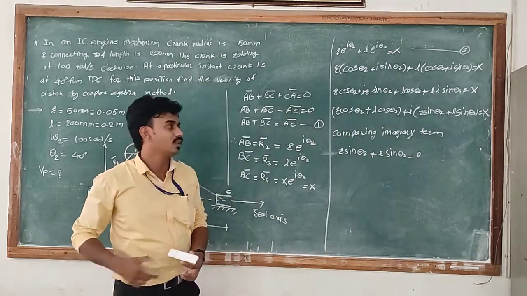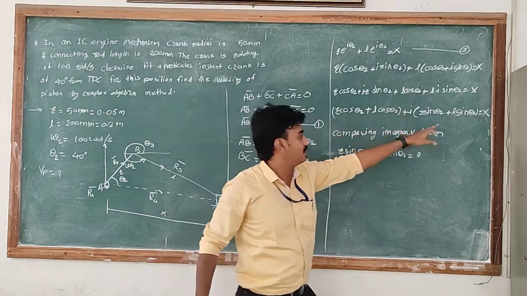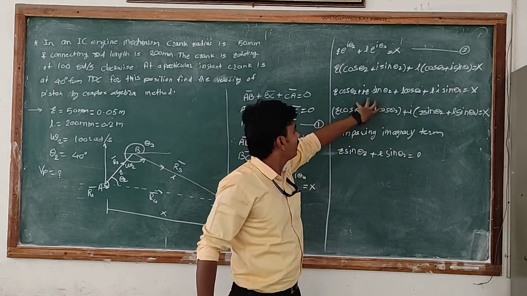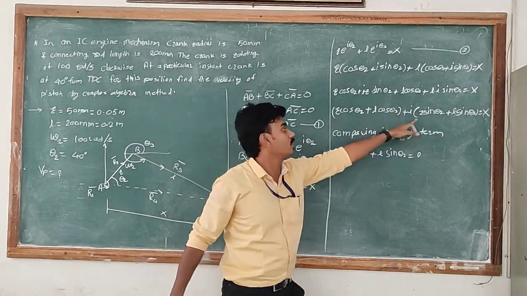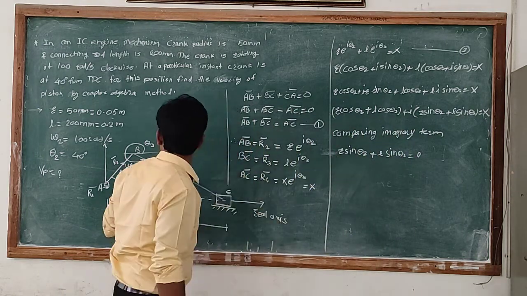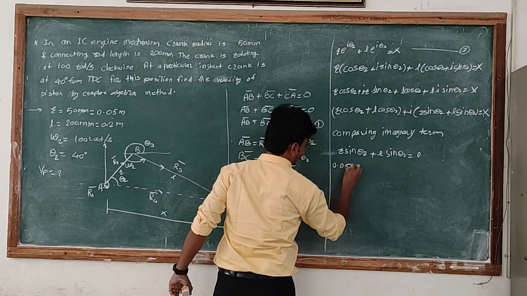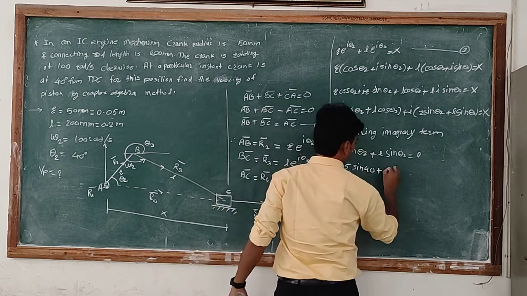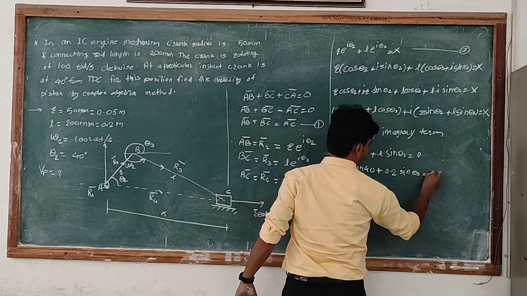Here x is the real term and its imaginary term is equal to 0, and here this is the real term and this is the imaginary term. So if we compare the imaginary term, then r sin theta 2 plus L sin theta 3 is equal to 0. What is the value of r? r is equal to 0.05, so 0.05 into sin 40 plus L, which is 0.2, into sin of theta 3 is equal to 0.